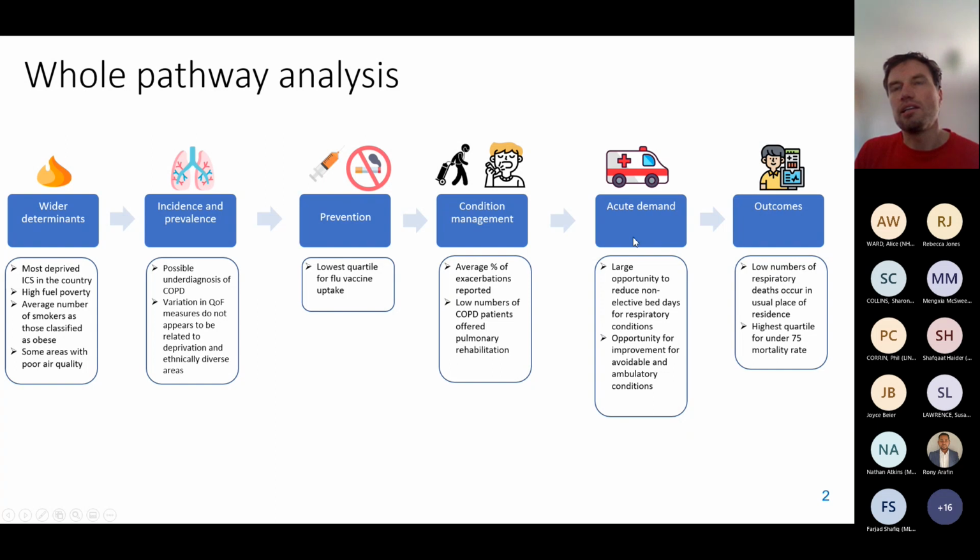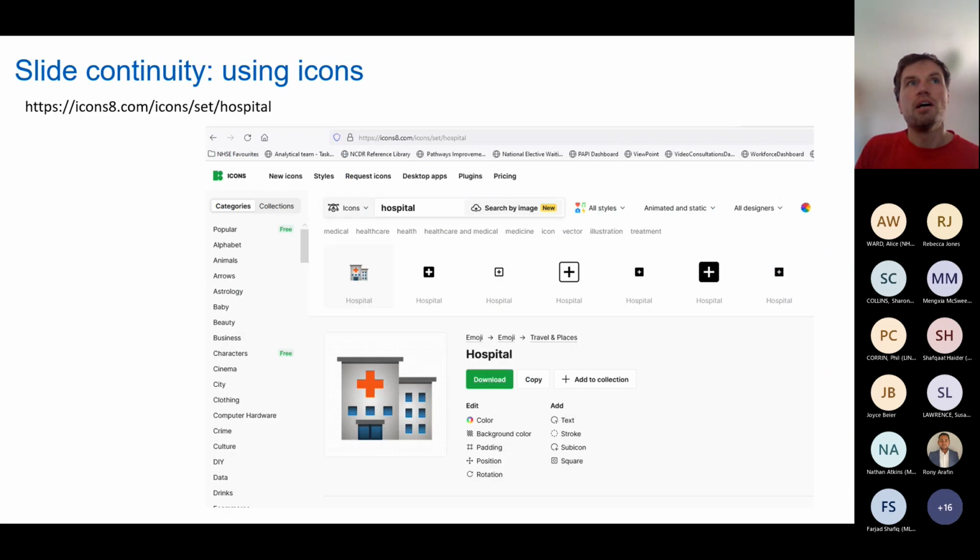Looking at the hospital side, there's a large opportunity to reduce non-elective respiratory bed days. And then mortality data: there's a limited amount, but it depends on the outcome you're looking at.